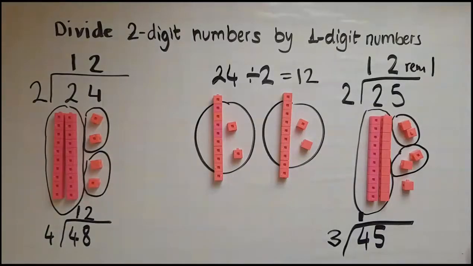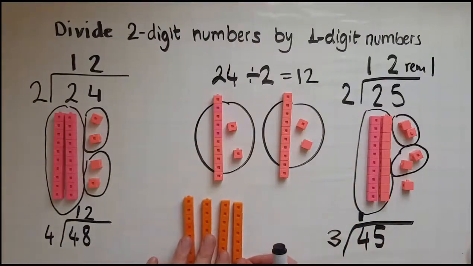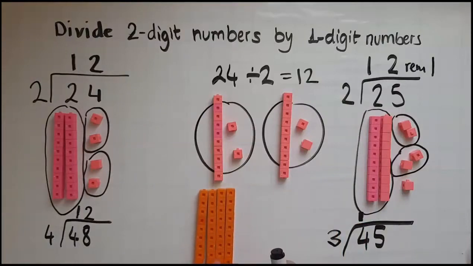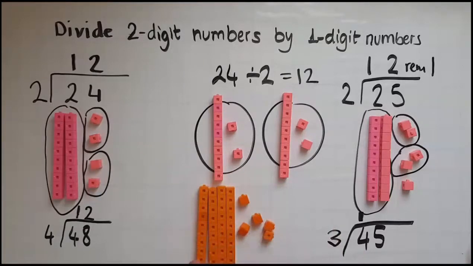So we've got 40, and 5 cubes, so 45. How many sets of 3 can I make with these 40?